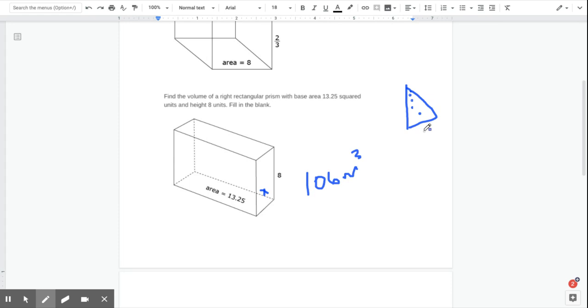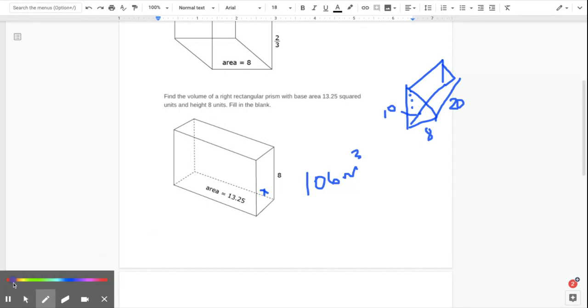Okay, now just to show you the difference, if I had that triangular prism, and let's say I know that this is 8 and this is 10, and then there's this back here, okay, and this is 20.